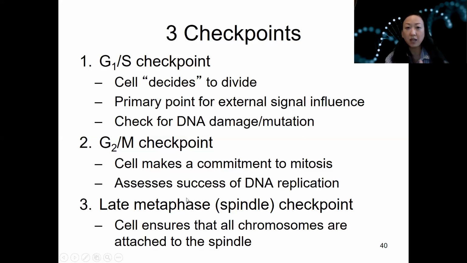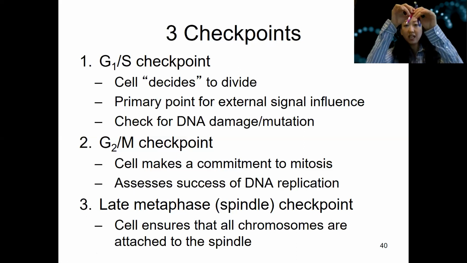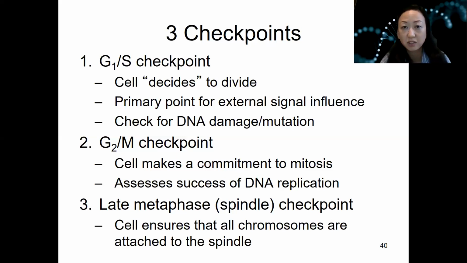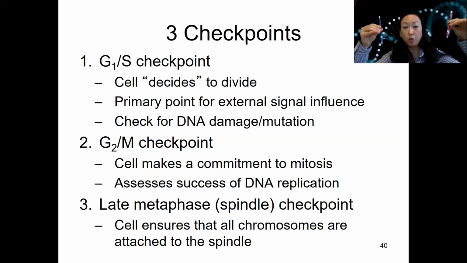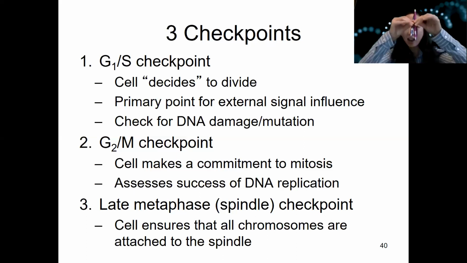The last checkpoint is during metaphase. What happens during metaphase? Remember, we just drew that out. All the sister chromatids line up in the middle, and you want a spindle fiber from each side holding on to each sister chromatid. So the spindle fiber from the right should hold on to one sister chromatid, and the spindle fiber from the left should hold on to the other. And when they split, I get one of each. Well, I have to check for that.